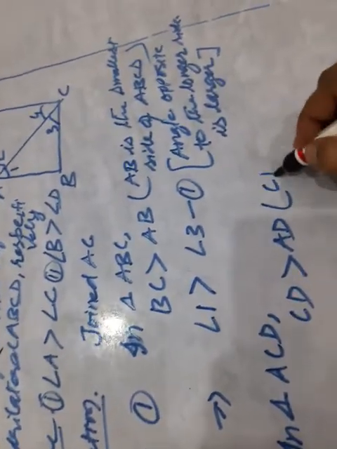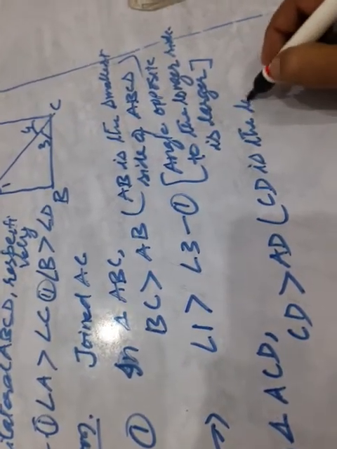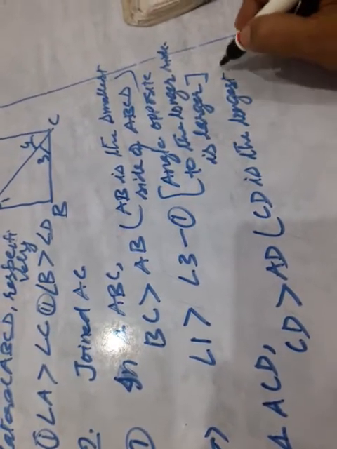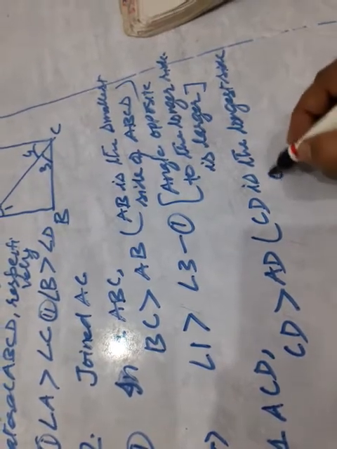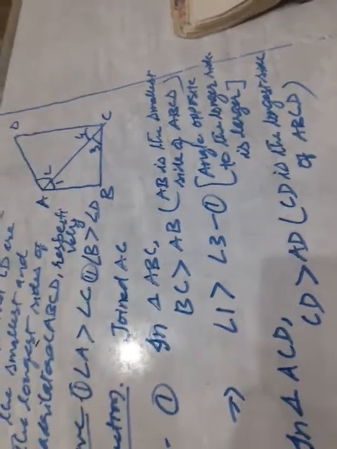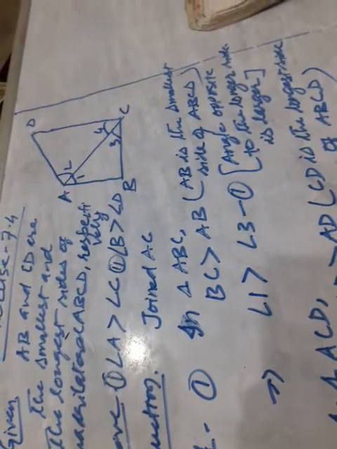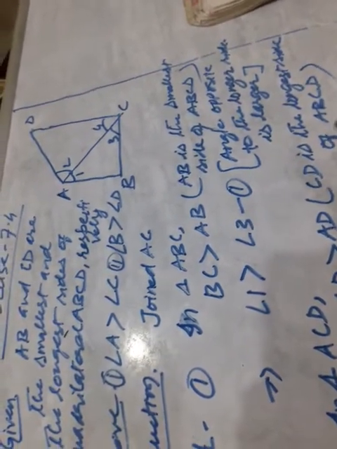Because CD is the longest side of ABCD. Since CD is the longest side, it means any side of quadrilateral ABCD will be less than CD.